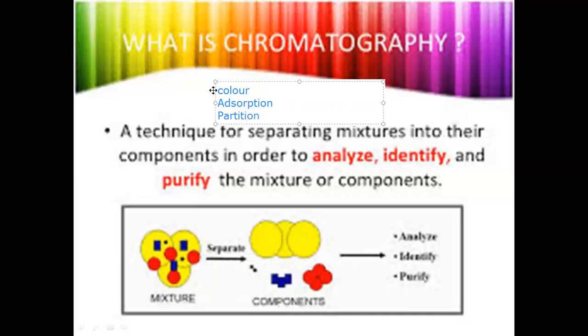The third one is thin layer chromatography. The fourth one is paper chromatography. Paper chromatography is the simplest and easiest type.